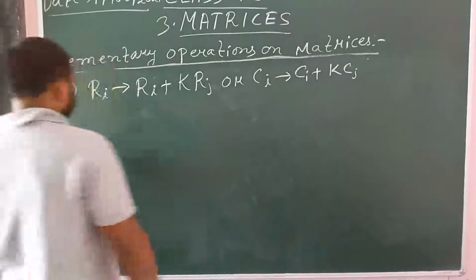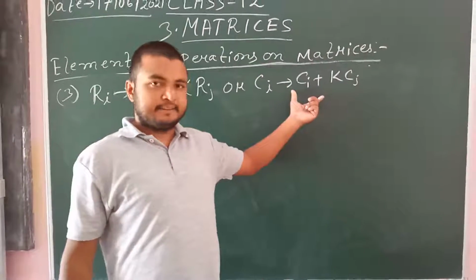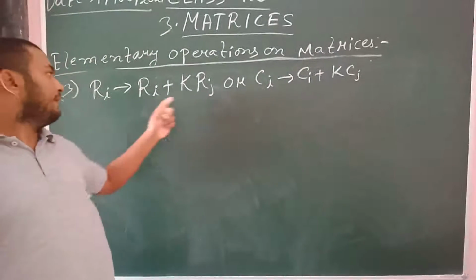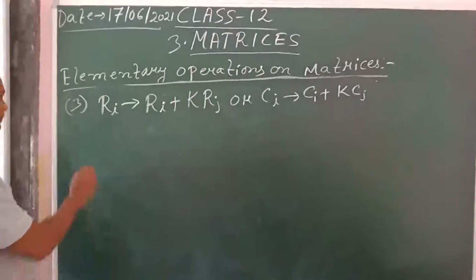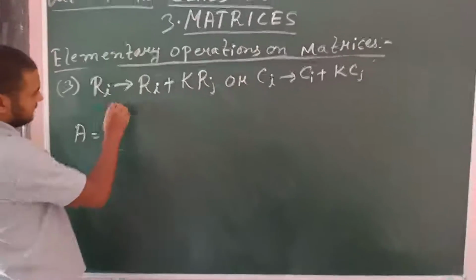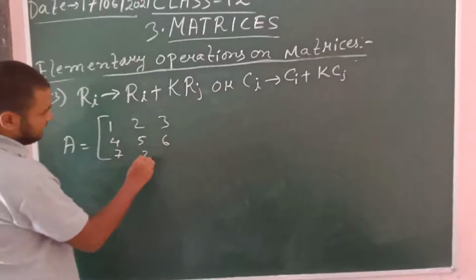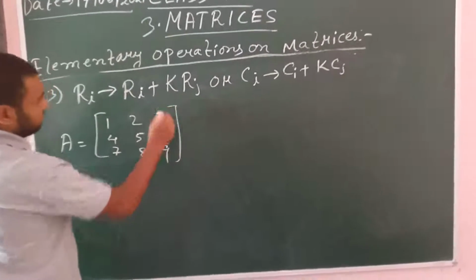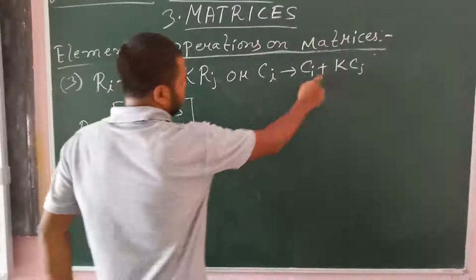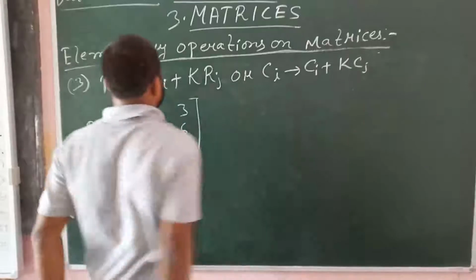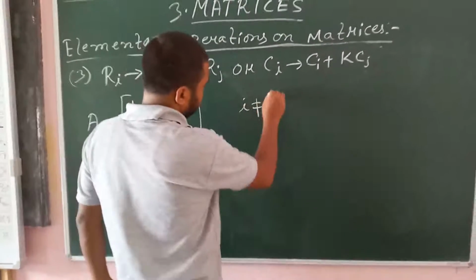Always remember here Ri means row i and Ci means column i. Suppose A is the matrix 1, 2, 3, 4, 5, 6, 7, 8, 9. Here it is i and here it is j, and we normally take i not equal to j.